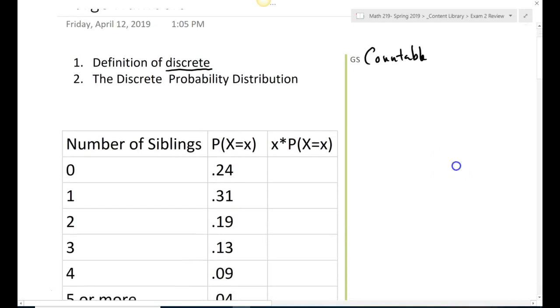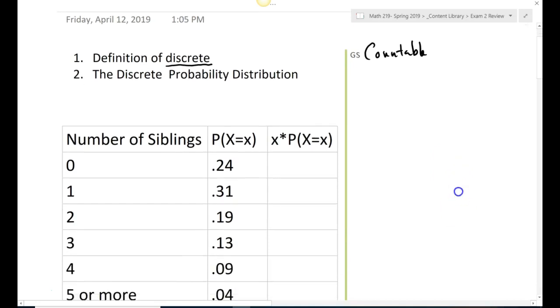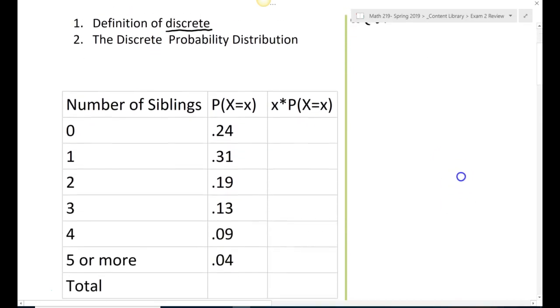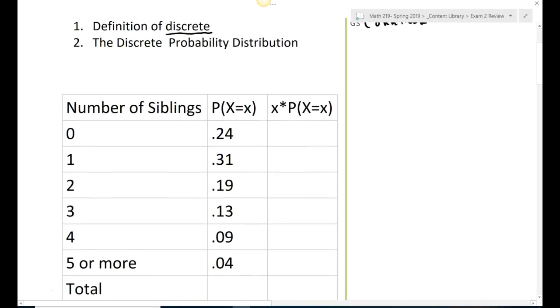Once we've talked about the definition of discrete, that countable number, now let's talk about what's called the discrete probability distribution. First, notice that the random variable is going to be discrete.